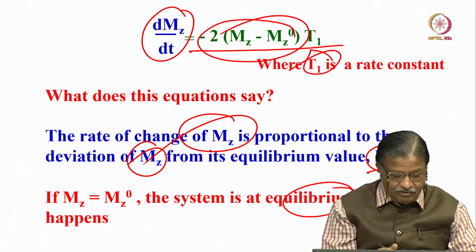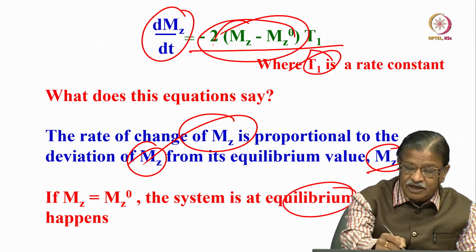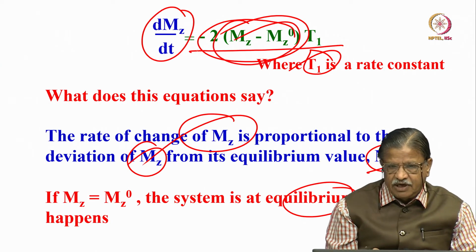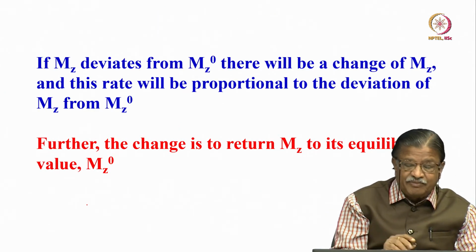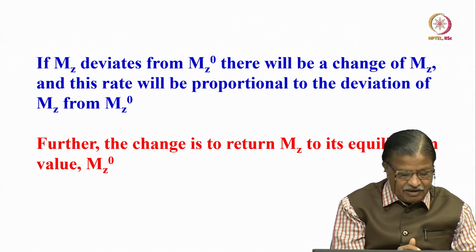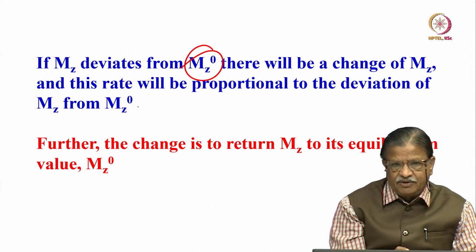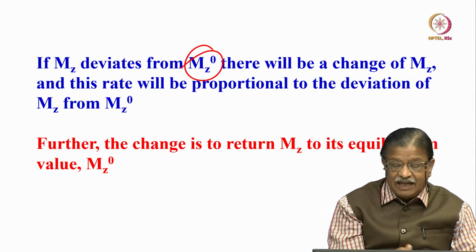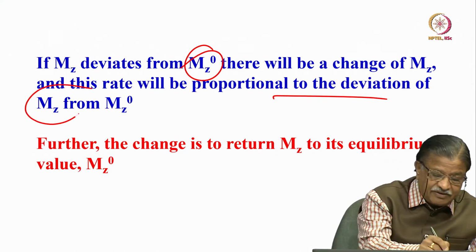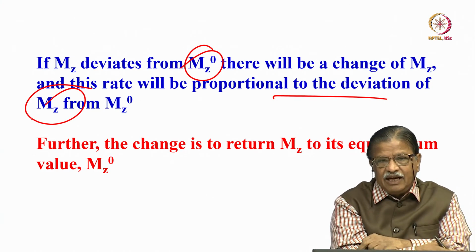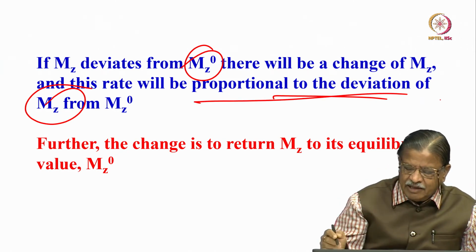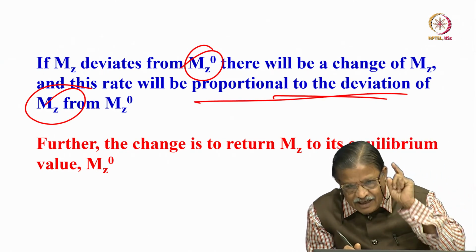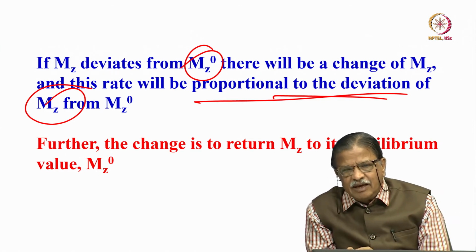If Mz equals M0 here, there is no change; the equation is 0. If Mz is not equal to Mz0, then the rate of population change also deviates. The rate equation tells me the rate is proportional to the deviation of Mz from Mz0.